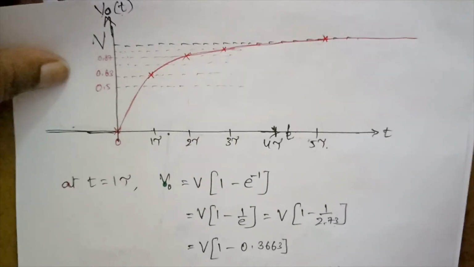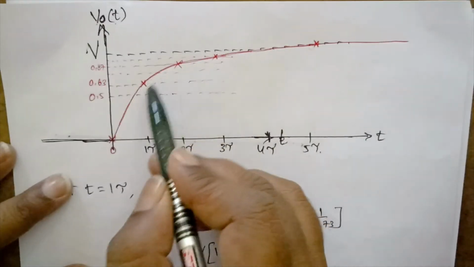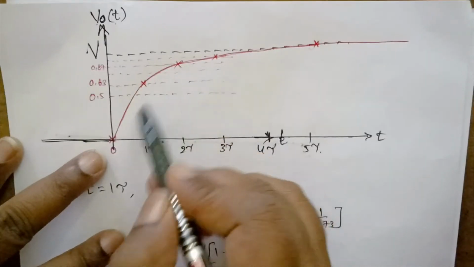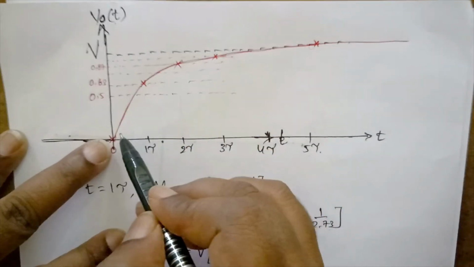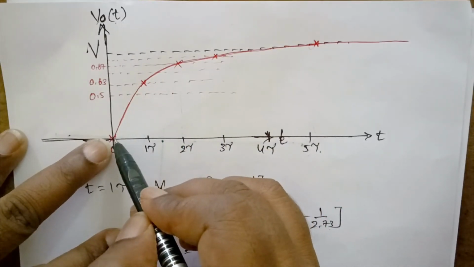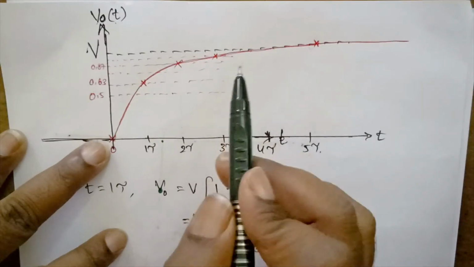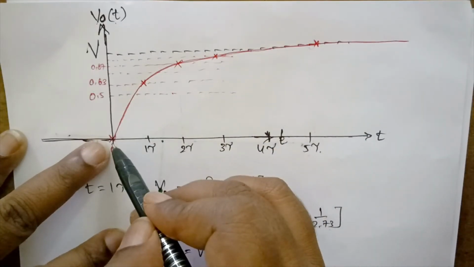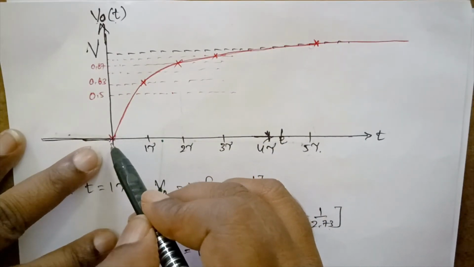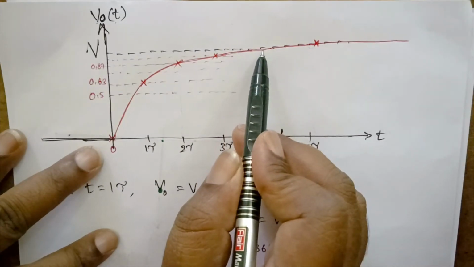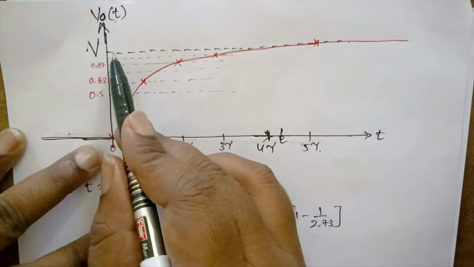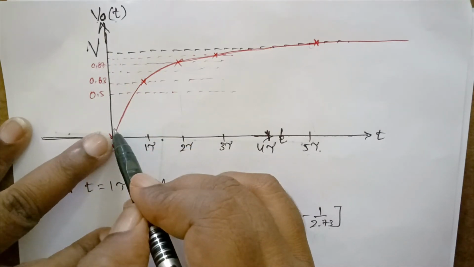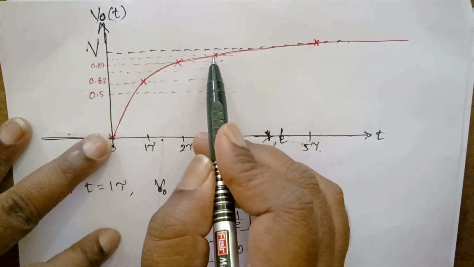Now from the response, we need to calculate the rise time, how much time it takes to rise from the initial value to the final value. Ideally the rise time is 0 to V, but practically the rise time is considered from 10% of the final value to 90% of the final value.